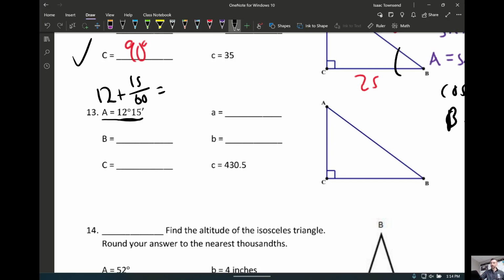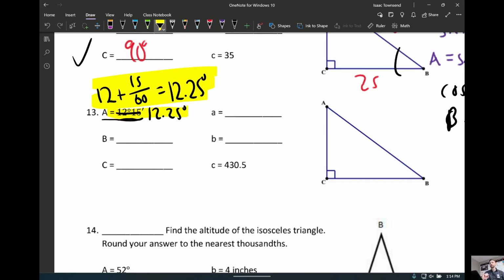So when you put that in your calculator, you can change that to a decimal, and just think of it as 12.25 degrees. It's the same thing. Okay, and then if you need help with the other part, we can talk about that too if y'all need to, but I know that's a common one right here.